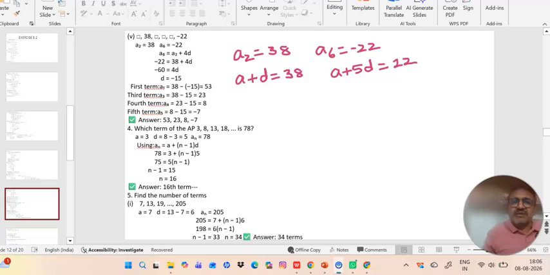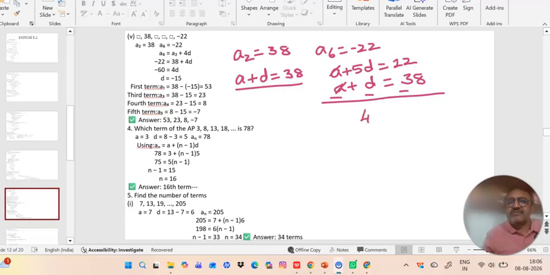Now subtract a plus d is equal to 38 from a plus 5d. That means we have to solve these two by the elimination method. So minus a, minus d, plus a minus a cancel. 5d minus d is 4d, that is equal to 22 minus 38. What does 22 minus 38 come to?